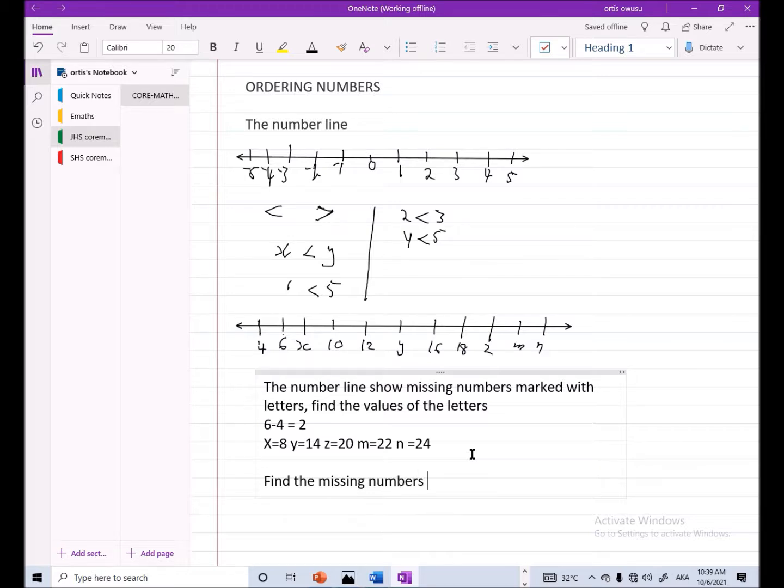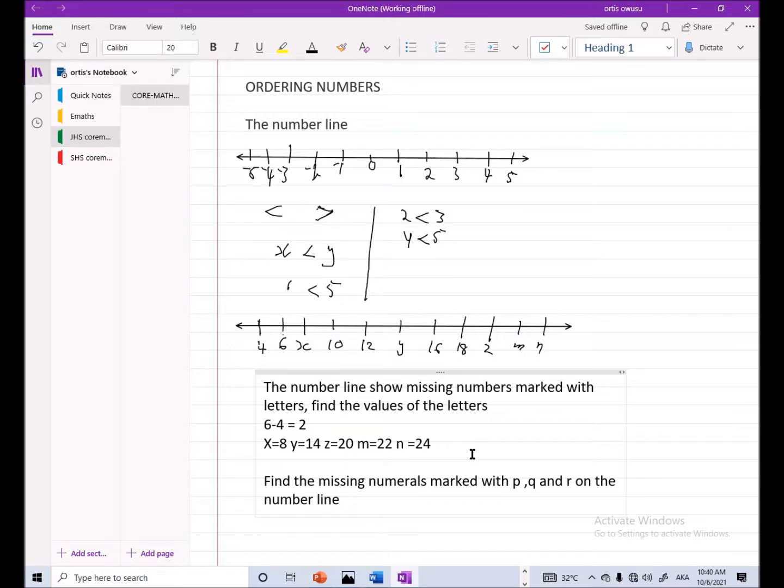Find the missing numerals marked with P, Q, and R on the number line.